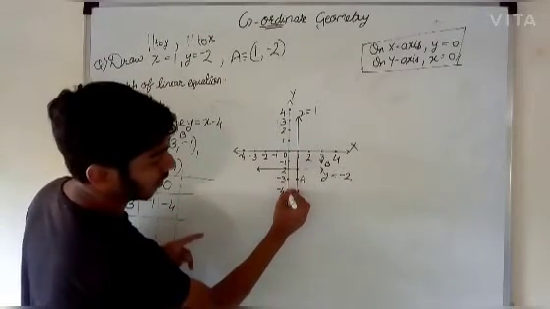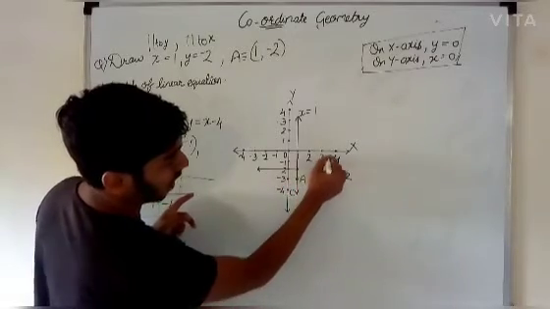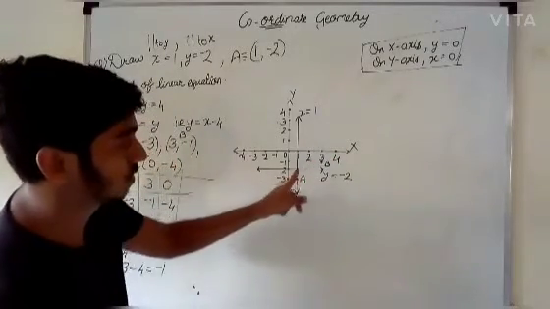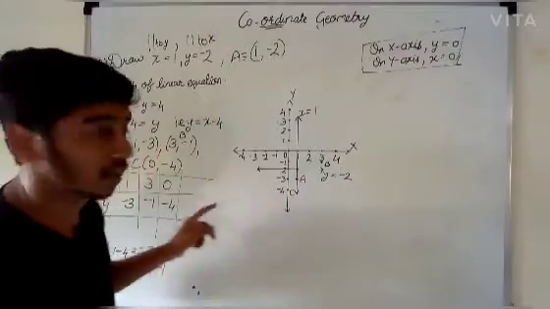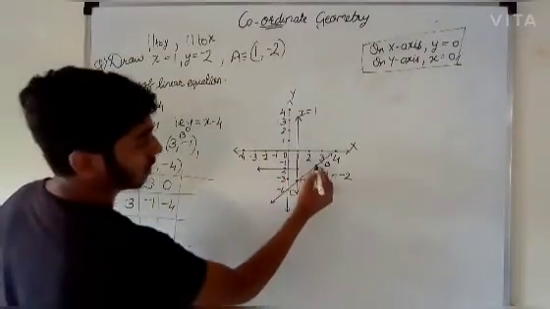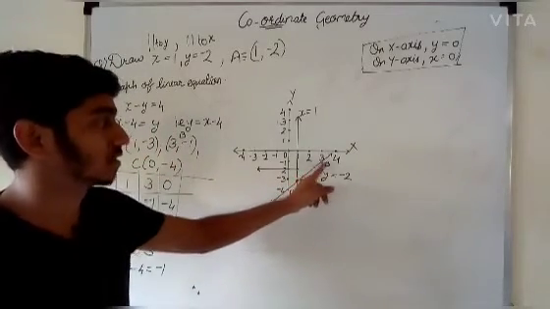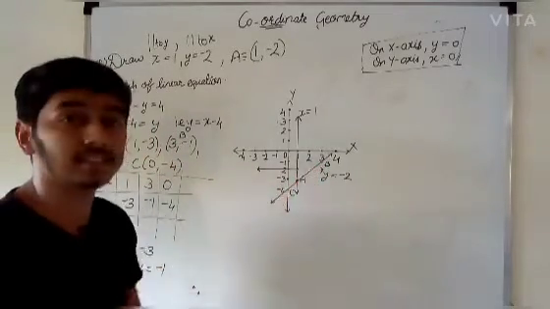This is C. So these are the 3 points, A, B and C. So let's draw this. This is A, this is B, and this is C.